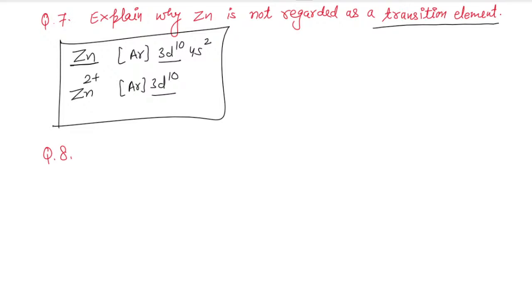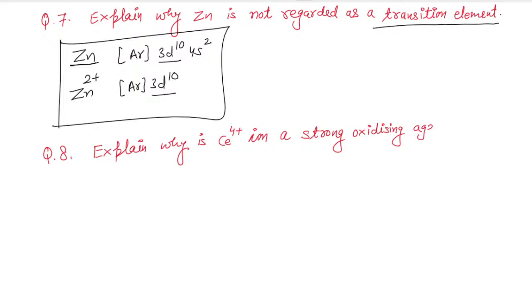Okay, so explain why cerium 4+ ion is a strong oxidizing agent.